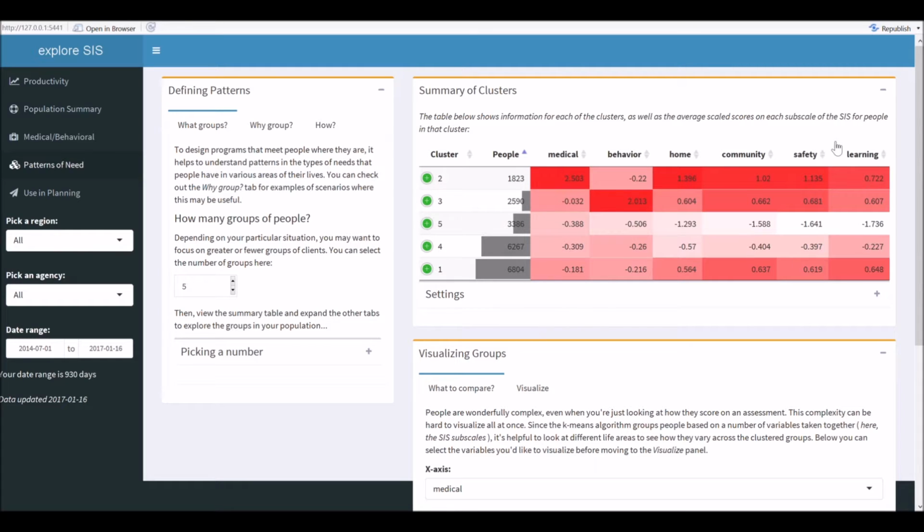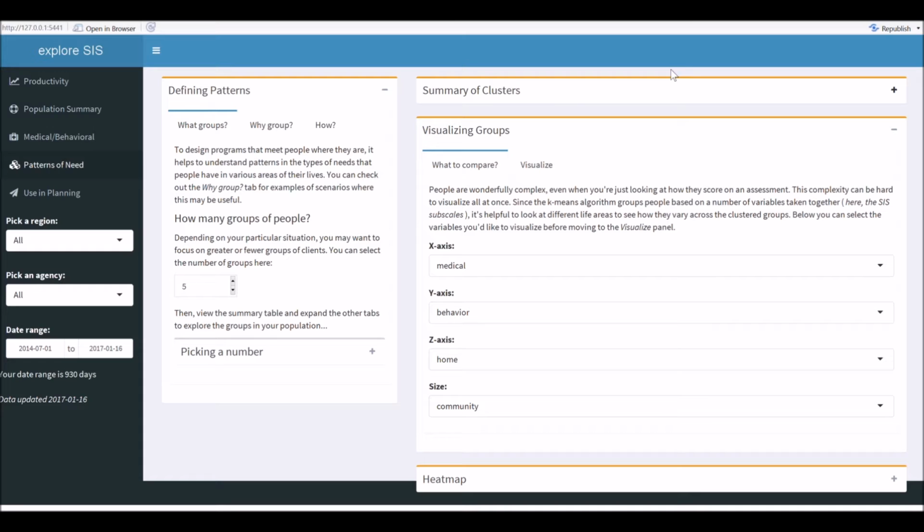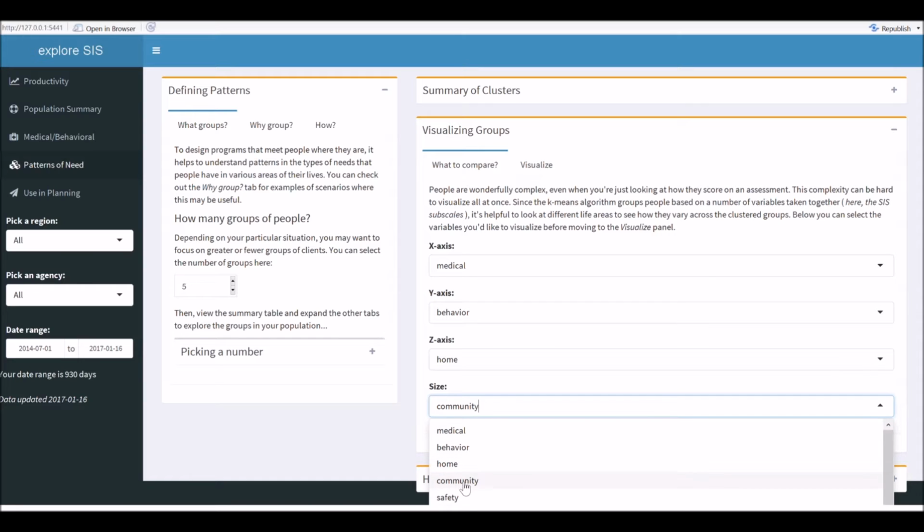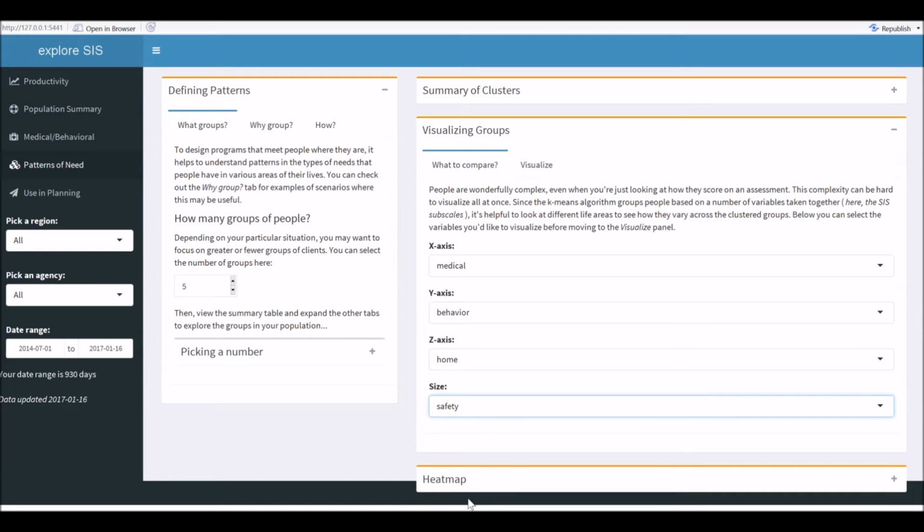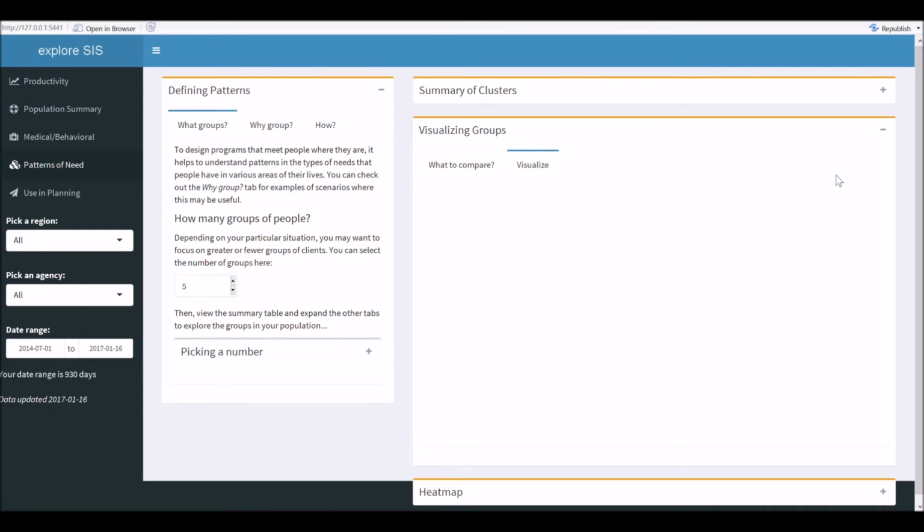So what we will do, we'll say medical, behavioral, home, and then let's do safety down here. By selecting these, we're selecting the different dimensions of this visualization that we can click on in this tab to the right.